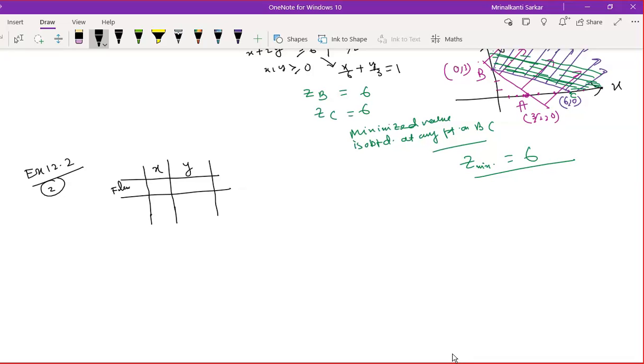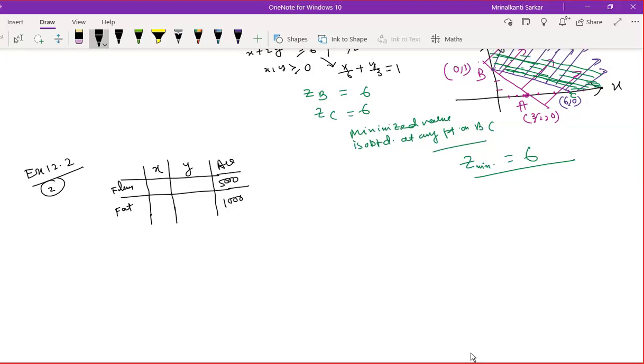This is flour and this is fat, and this part stands for total availability. Flour available is 5 kilograms, in terms of grams it will be 5,000, and fat available is 1 kg, that is 1,000 grams.